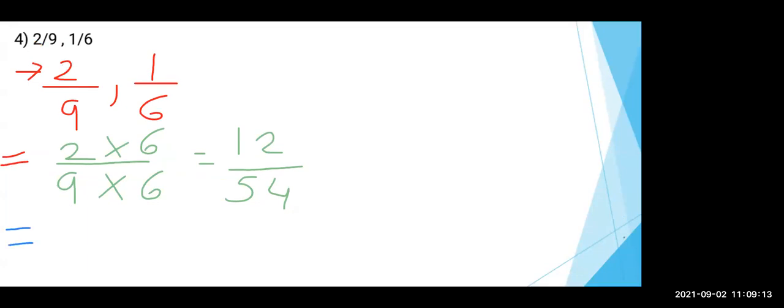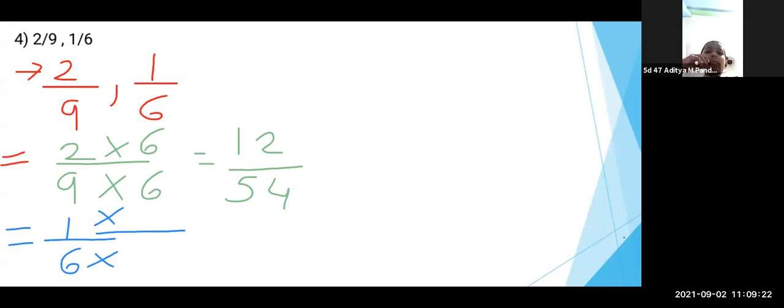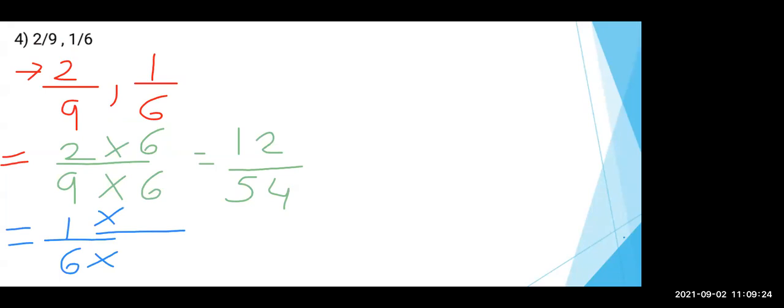Yes, tell me the next step. 6 should multiply by 6. 1/6 by 6? Why 6? This is the second term. 3 2s are 6. Where did 3 2s are 6 come from? Where is 3 in this number?